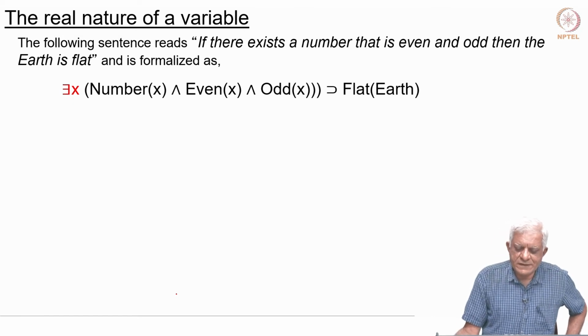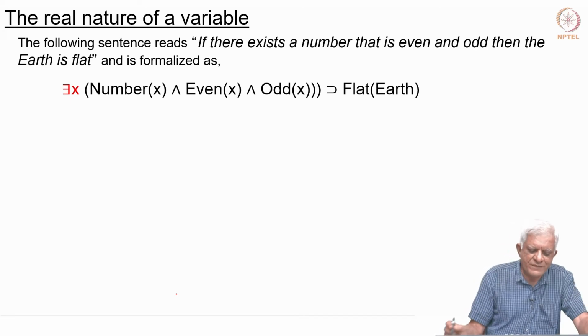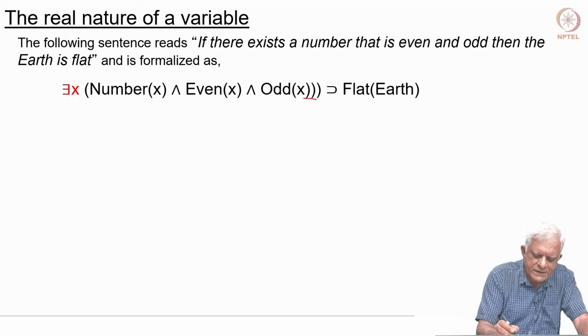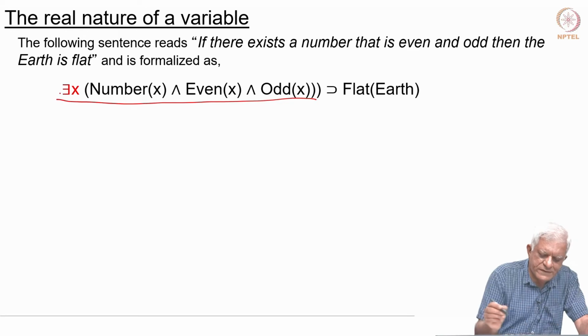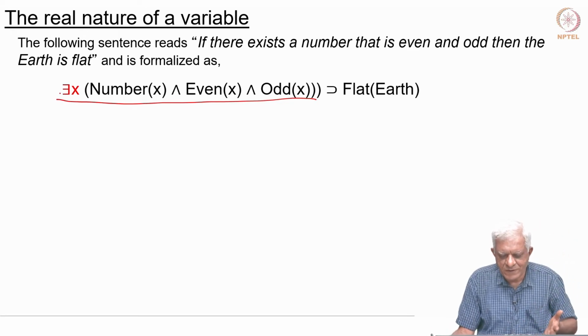So, look at this sentence: if there exists a number that is even and odd, then the earth is flat. Now, we have written this as follows. This is the antecedent: if there exists a number such that x is even and x is odd, then the consequent is the earth is flat, which is not connected with x at all.